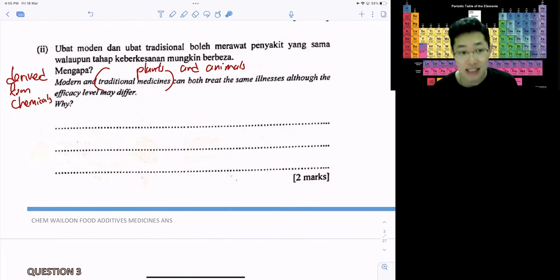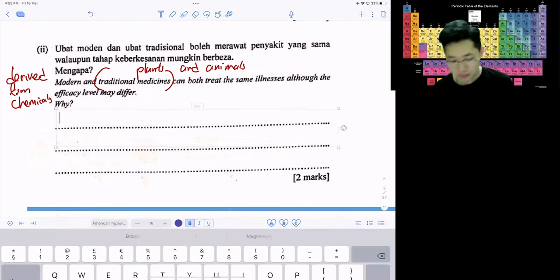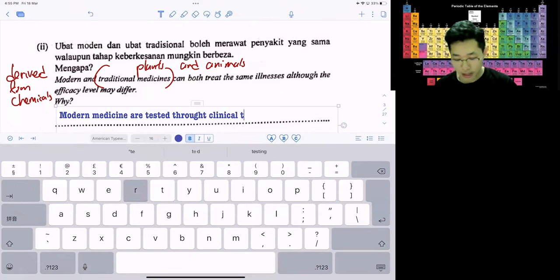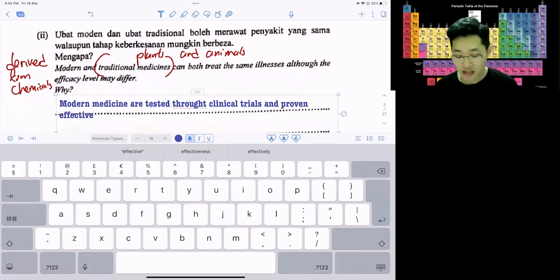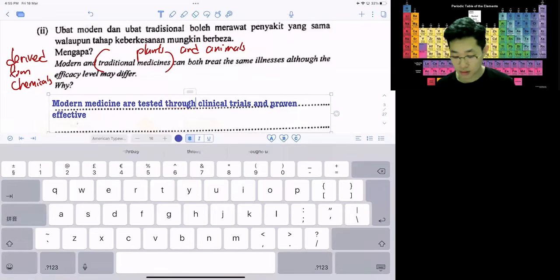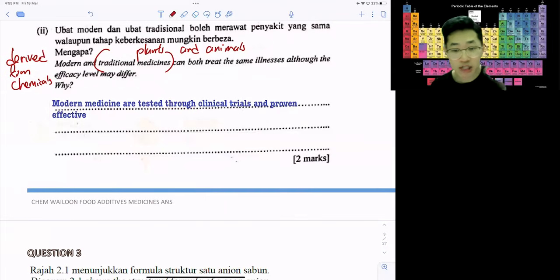You can give your own answer here, or you can just say that modern medicine are tested through clinical trials and proven effective. Before they sell modern medicine, they will do tests and experiments to make sure the things work. Okay, so you can write this as your answer.